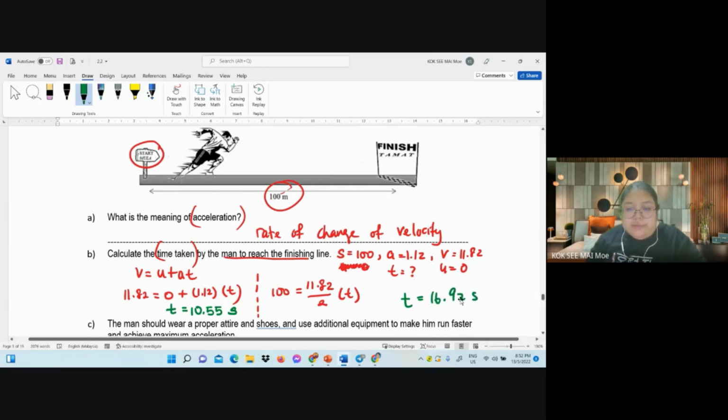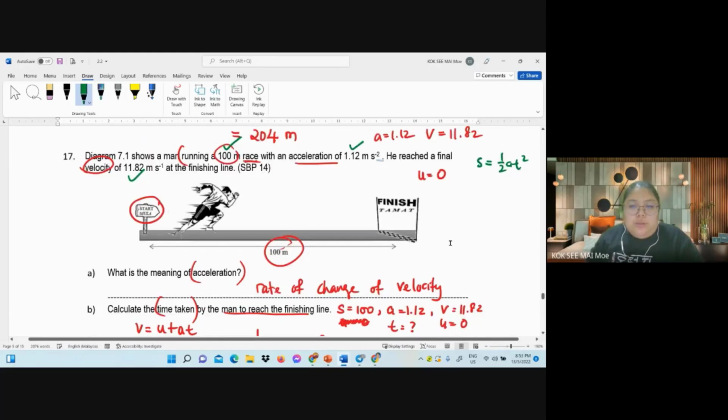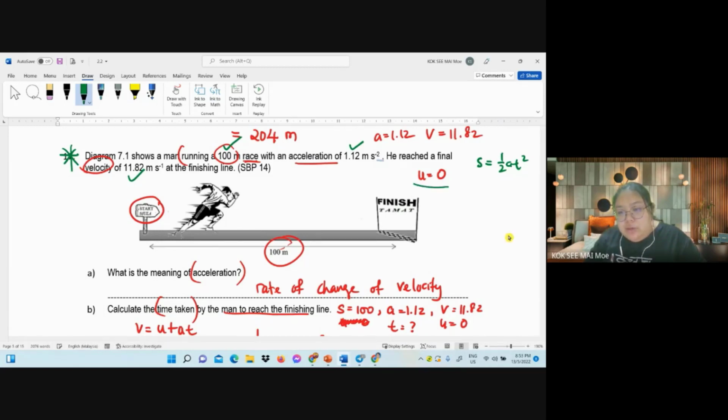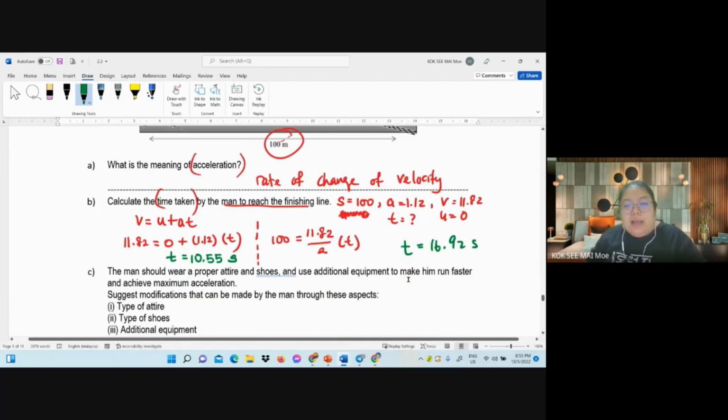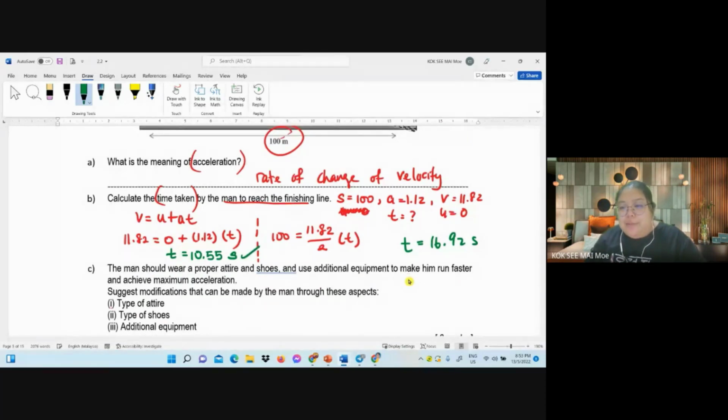The answer is different already. A problem happened with this question. This question provides too much info and also never provides u. If the question never provides u because they start from the starting point, and I use 0, then any calculation I use, I can get a different time taken.